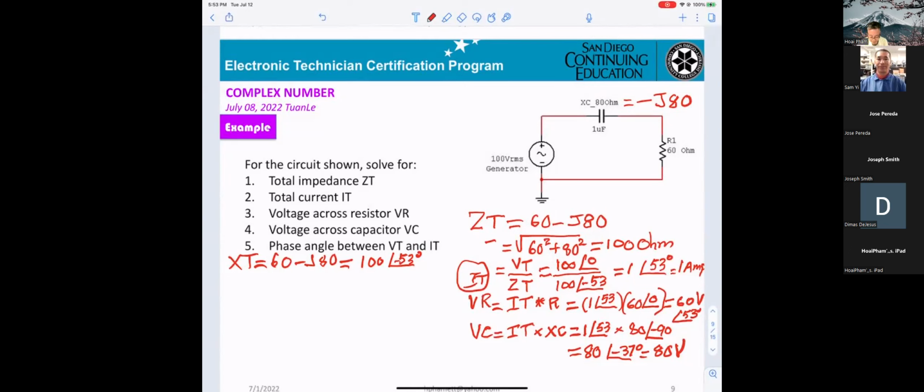If you calculate it the way we did in the past, theta equals arctan of minus XC over R. Substitute in and calculate it for me. Negative 53. Negative 53.